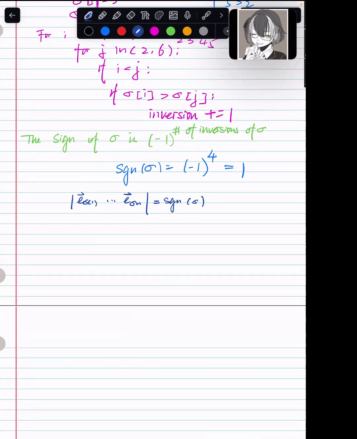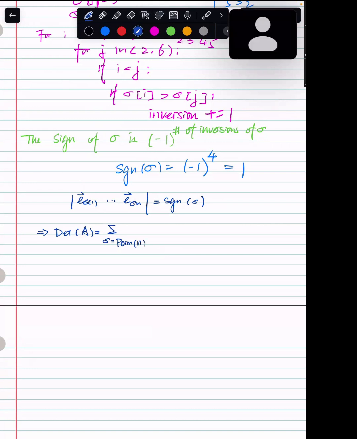So we can rewrite our definition: the determinant of A equals the sum over the permutations of n of the factors sigma 1 1 all the way to sigma n n, multiplied by the sign of sigma.